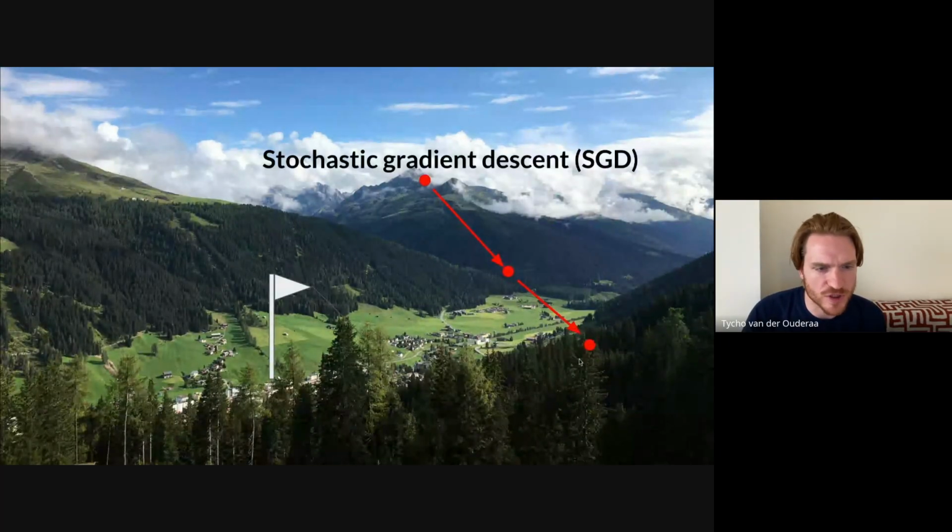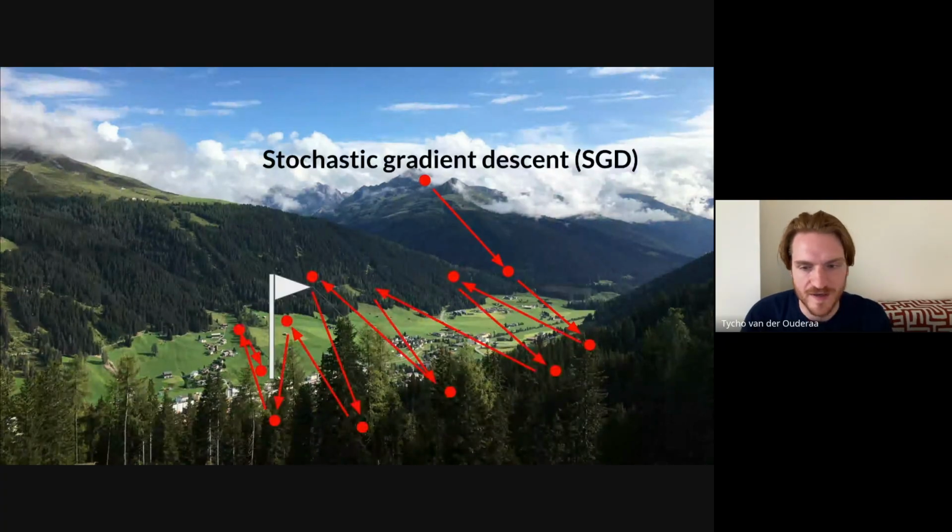And this works, but you need to tune the learning rate really well. If steps are too small, convergence is slow, and if your learning rate is too high, this happens. So you often overshoot. You get somewhat closer to the goal, but you're taking a lot of steps again.